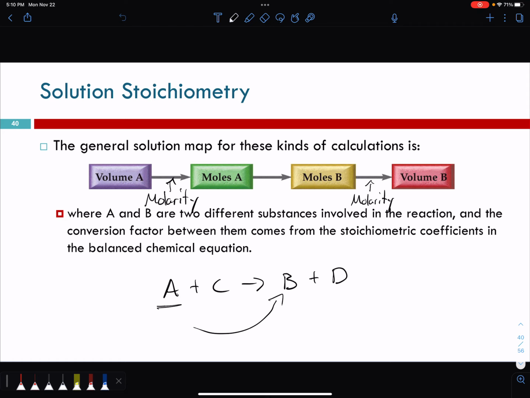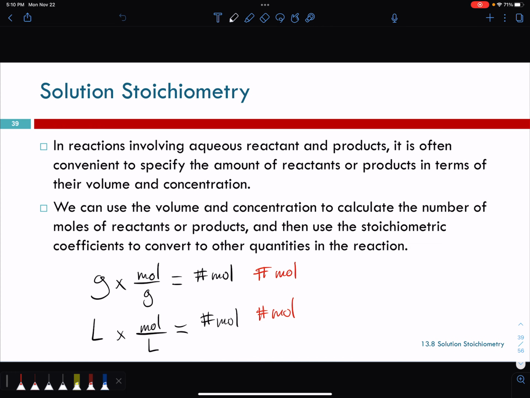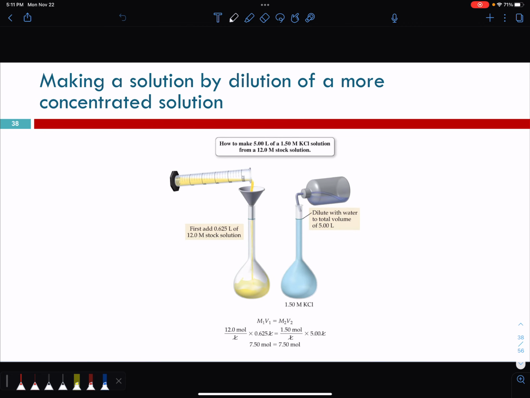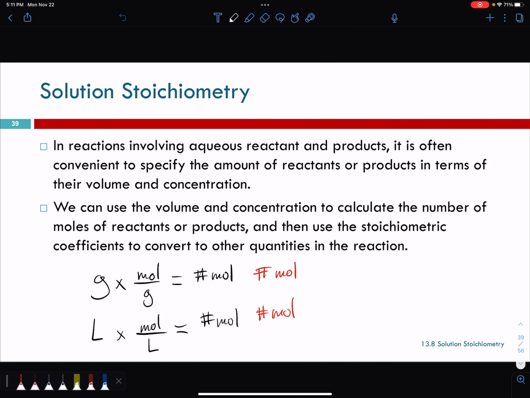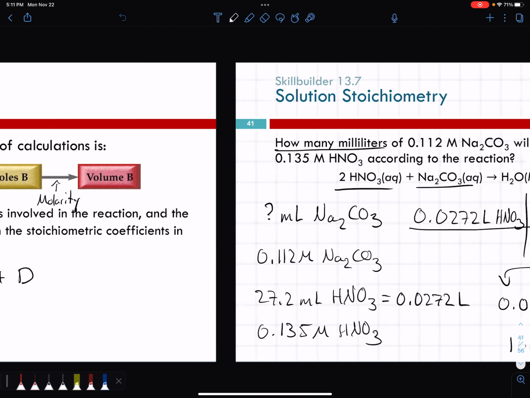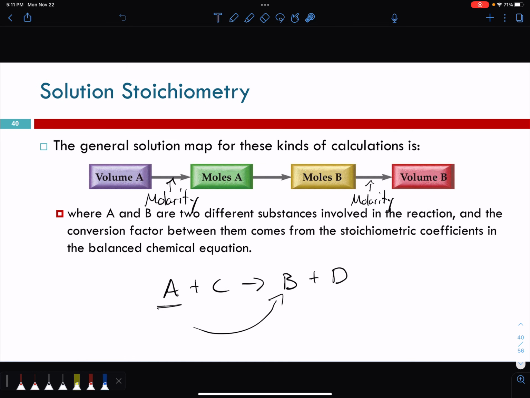I did want to recap real quick. So last week we talked about solutions, right? So molarity. Using molarity to convert between, so like in a solution stoichiometry problem, you would have a volume of A, but you would also be given the molarity of that.